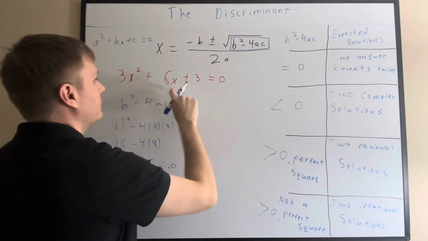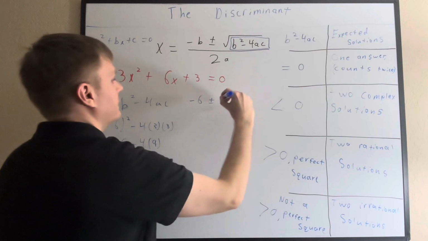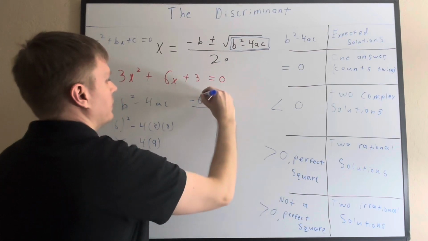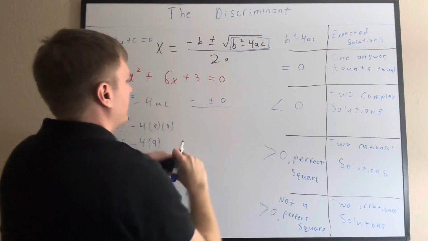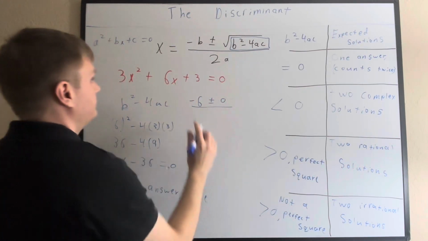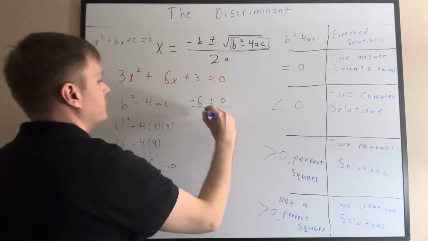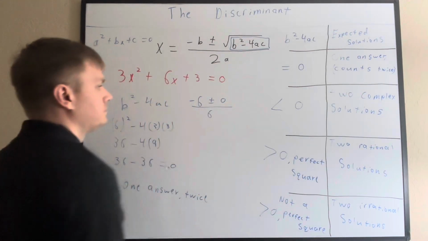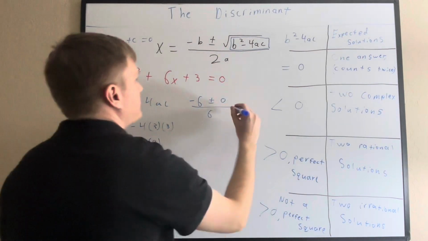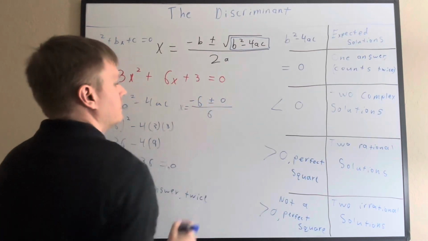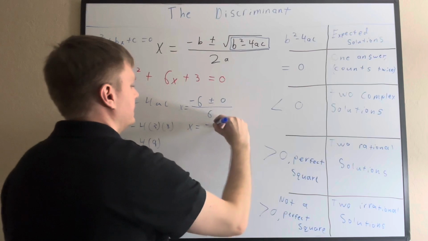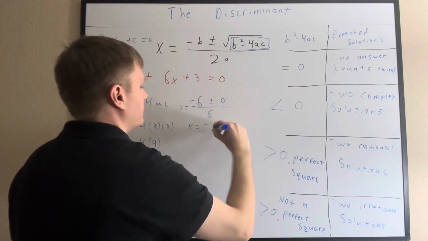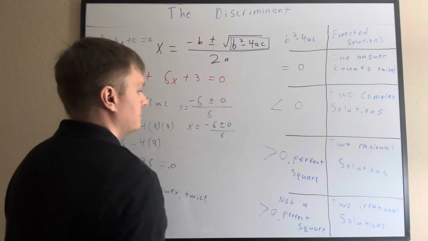Negative b, negative 6 plus or minus 0, over 2 times a. 2 times 3 is 6, right? So x equals negative 6 plus or minus 0 over 6.